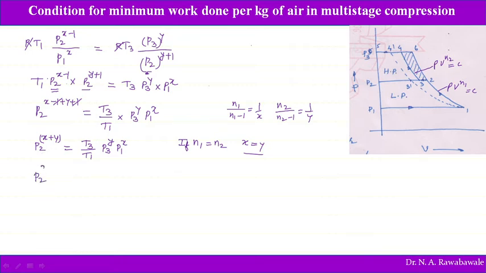If we take it as x is equal to y, then we can write this as P2 to the power of 2x, which is equal to T3 divided by T1 into P1 P3 to the power of x.